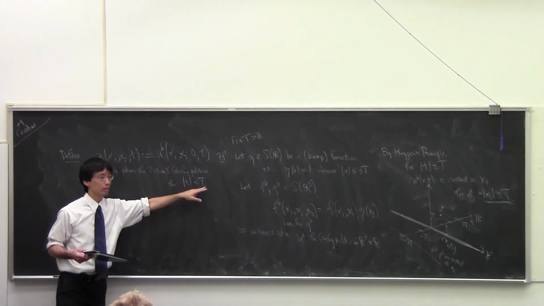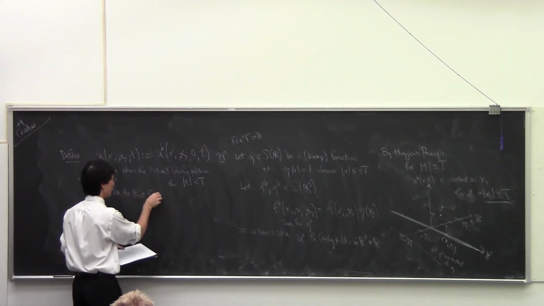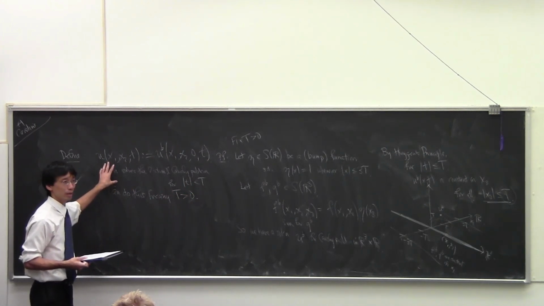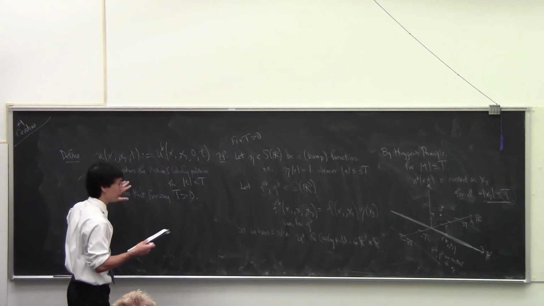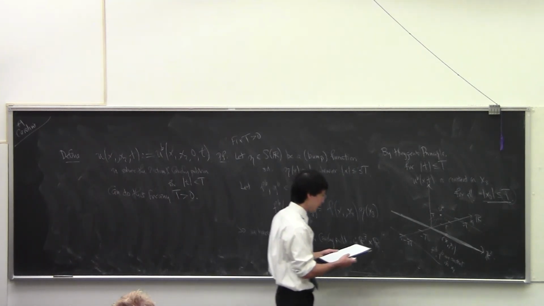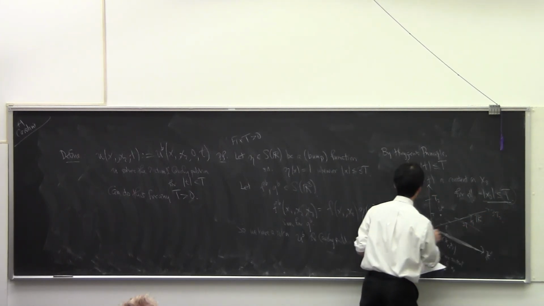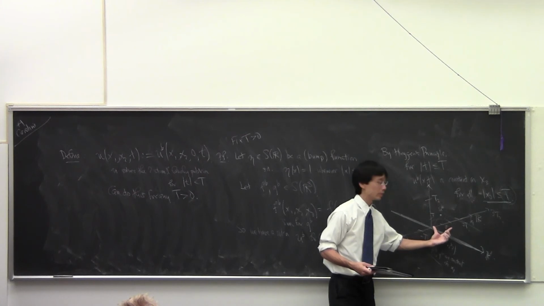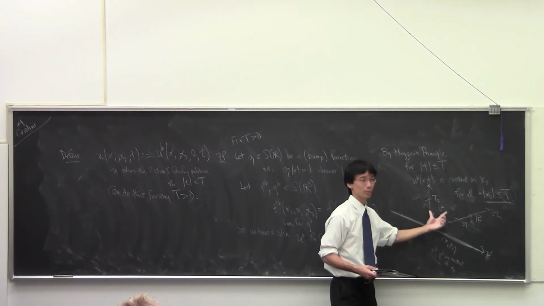T is arbitrary, so we can do this for any T. And the only thing you might worry about is whether we get a different solution every time we change the T. But if you think about it, if we increase the T, here's T1, and T2, then the new solution is going to agree with the old solution up to T1, at least, and give us a new solution past that point.